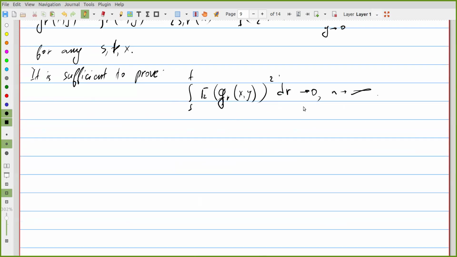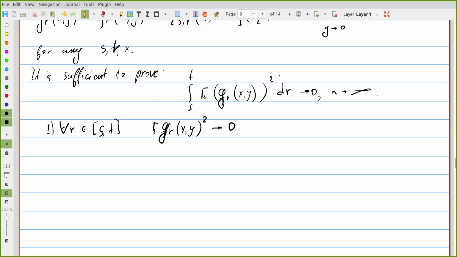Now, to prove that this holds, one can use the standard trick of applying the Lebesgue dominated convergence theorem twice in a row. So firstly, for any fixed r belonging to this closed interval, this goes to 0.